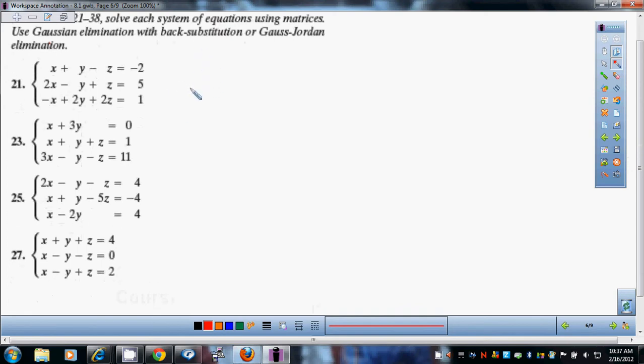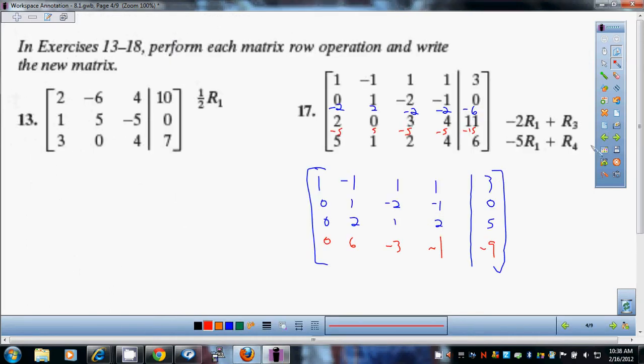Good question. Remember how we said as long as you do something to one side of the equation, you can do it to the other and everything's cool? That's what that is.